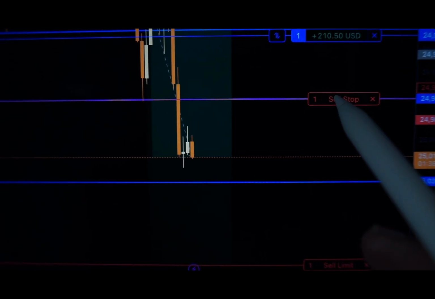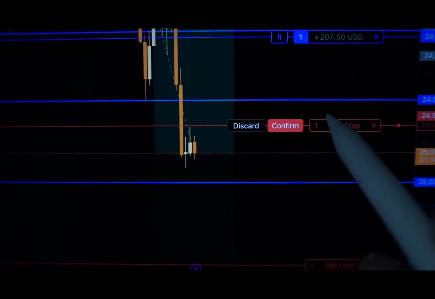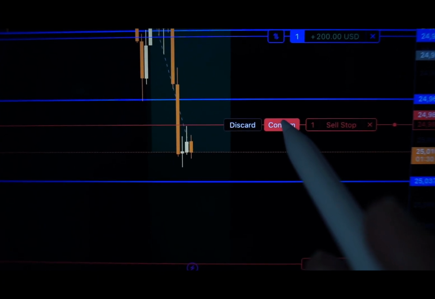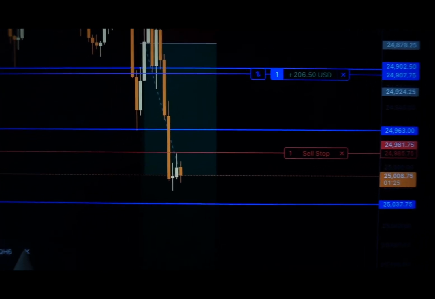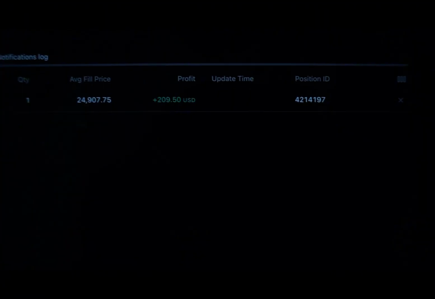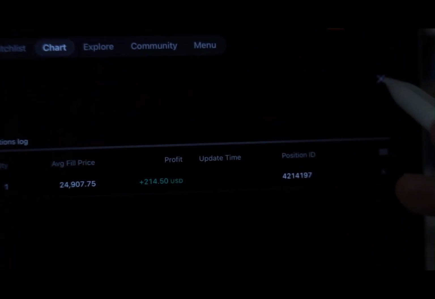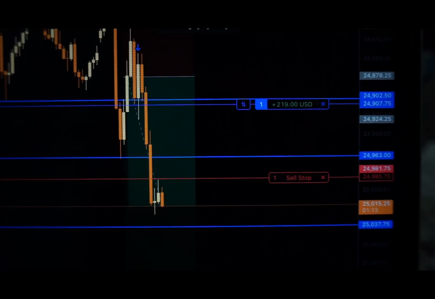And I'm gonna move my stop loss a little closer, just cause I wanna for sure come out with some good little funds. Let's see. So, and if it hits, it hits.